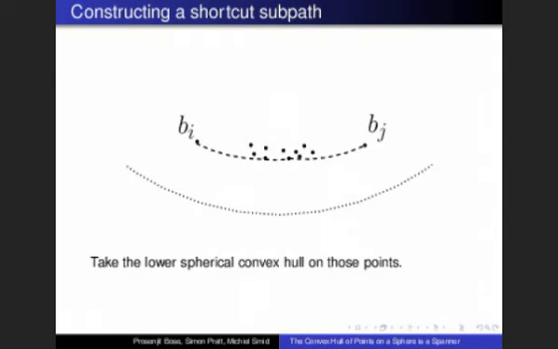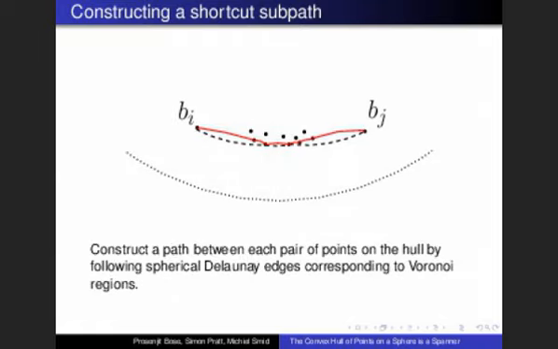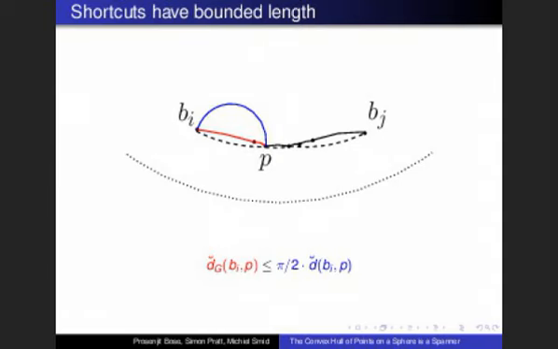But those points don't necessarily share edges on the spherical Delaunay triangulation, so what you do is between each pair of points on the lower spherical convex hull, you run this routing algorithm again. And it turns out that any such output will be one-sided, and so each subpath between 2 points on the convex hull will be bounded by a circle like this.